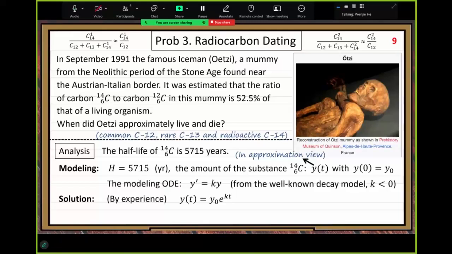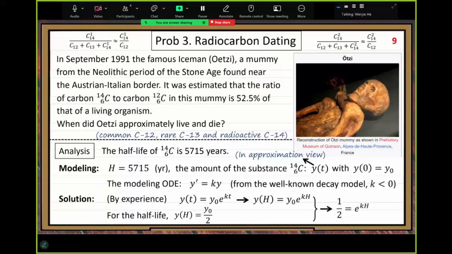This time we need to use the half-life information. If we plug in time capital H, the half-life time, then we get 1/2 of the original amount y0.